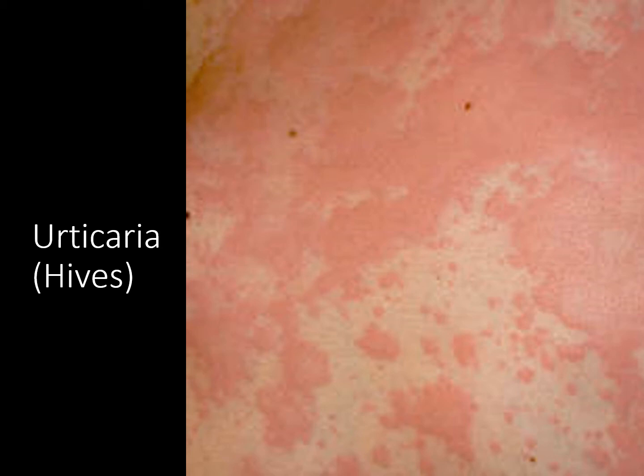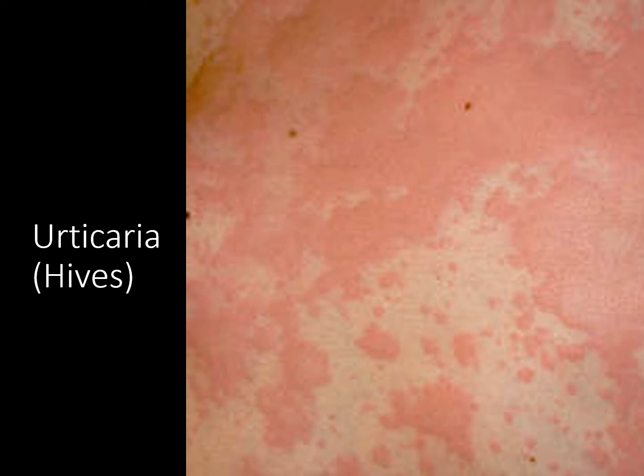Okay, so here's another nice picture of urticaria or hives. And if you look closely at the red areas, you can see that they're actually raised a bit. It's a bit hard to see in the picture, but the red areas are raised and the pale areas are more just flat on the skin. And we call that a wheal and flare reaction of urticaria.